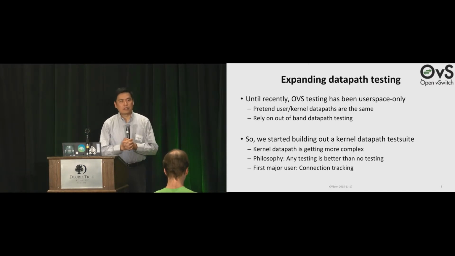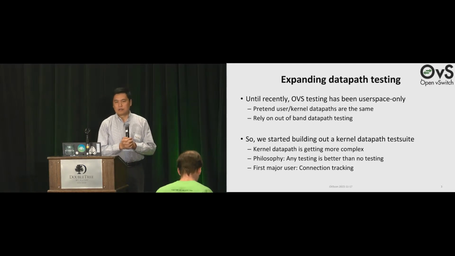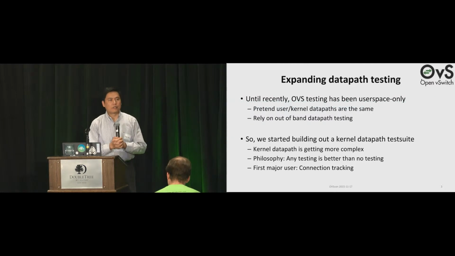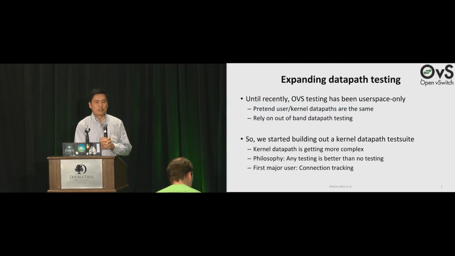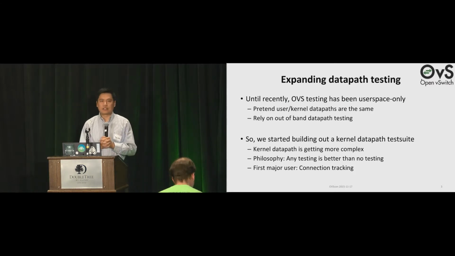But in reality, that's not really true. We're still adding more complexity into the kernel data path, for example recirculation, and for most of this year we've been adding kernel conntrack support. So obviously we need more coverage for kernel data path features. We adopted the philosophy that any testing is better than no testing, so we just jumped in and started to write tests.